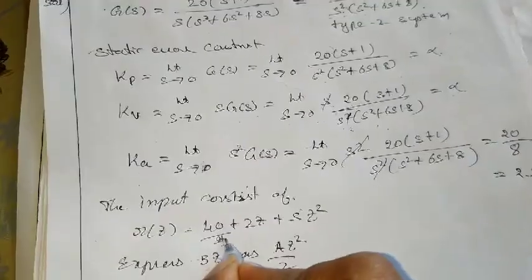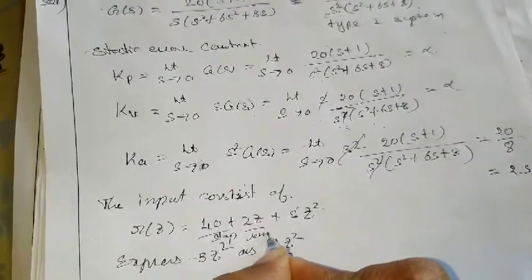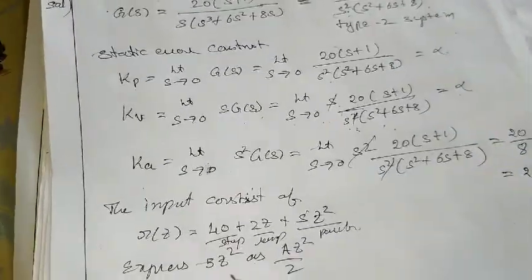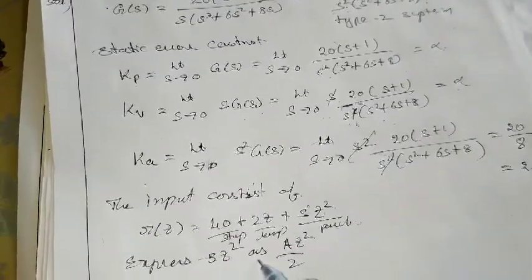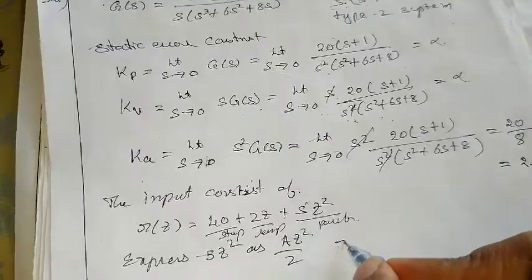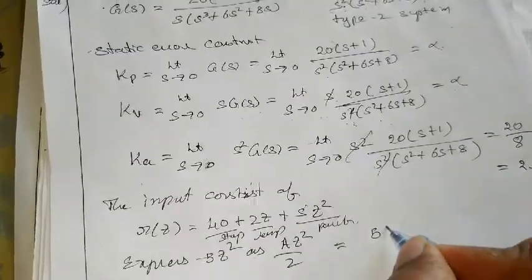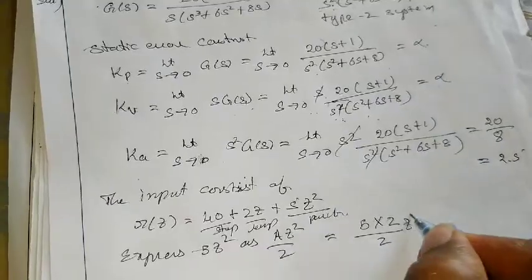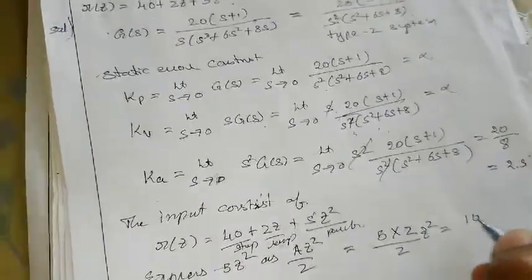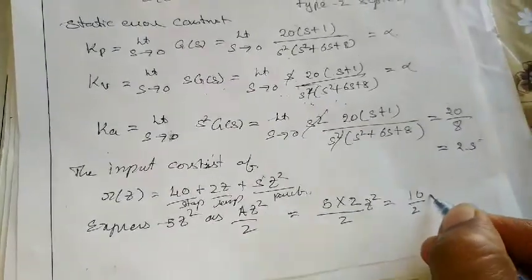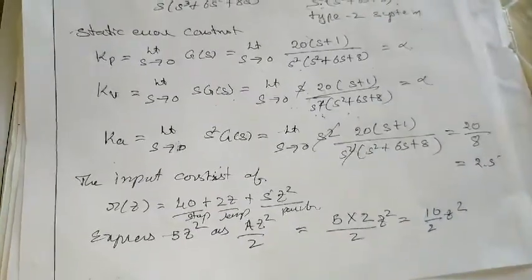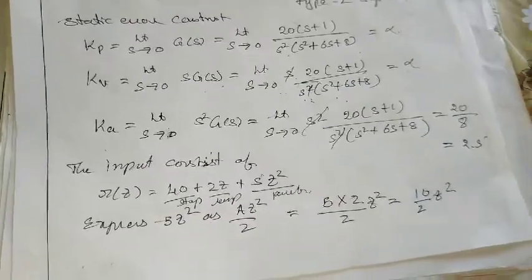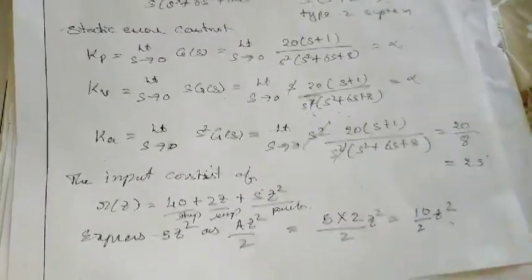This is step input, this is ramp, and this is parabolic. So according to the parabolic signal, I will express this 5t^2 as At^2 by 2. Then I multiply numerator and denominator by 2, so I will get 10t^2 by 2, expressing 5t^2 as 10 by 2 t^2 to get into standard parabolic form.